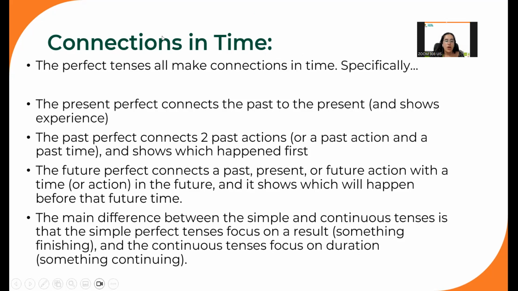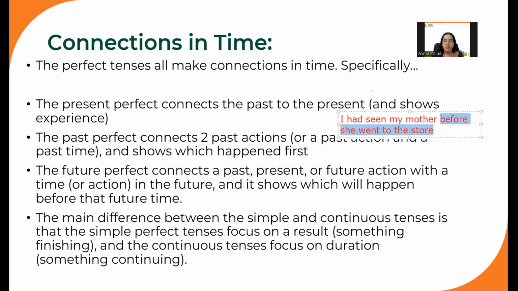Okay, I will repeat. We can connect two past actions. For example, I will write an example here. Okay, I connected two past actions. I had seen my mother before she went to the store, okay? I connect two past actions, but I can also connect an action in the past with a time in the past.